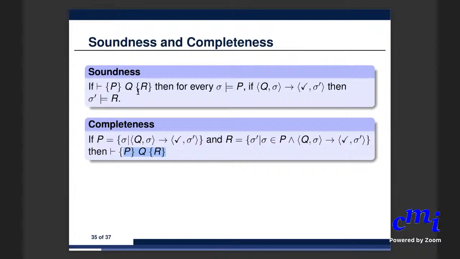And the soundness, as I said, is guaranteed because you can check for yourself that each inference rule is sound, by ensuring that if you start with any valuation in which P is true, and I execute as per the structural operational semantics that we defined, then any evaluation that I get after executing the program will always be one that satisfies R. That's how you ensure that your inference rules are correct.